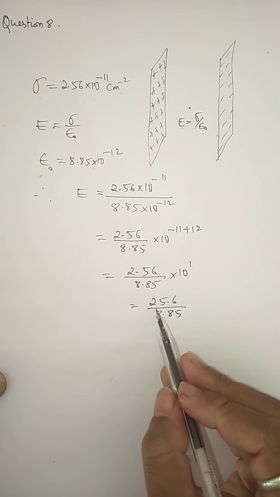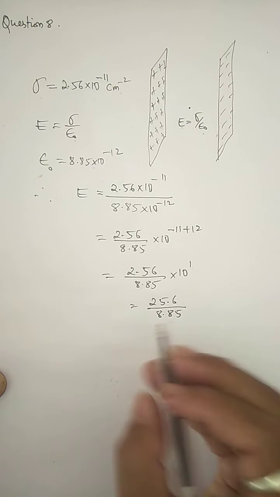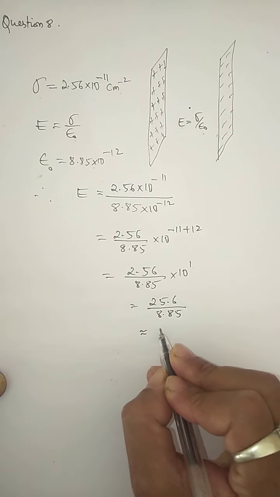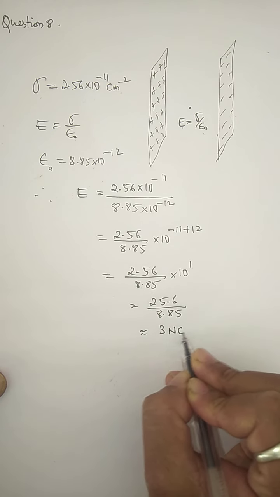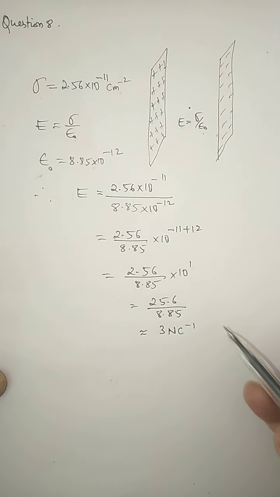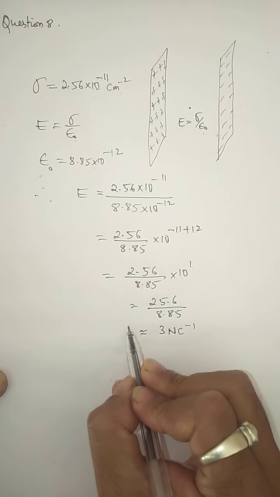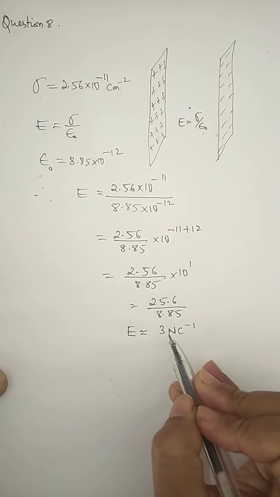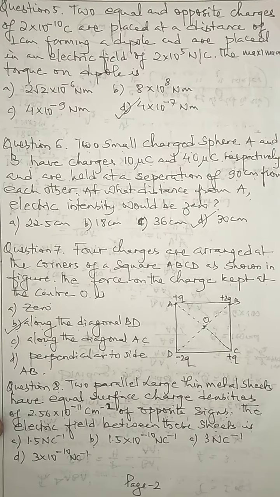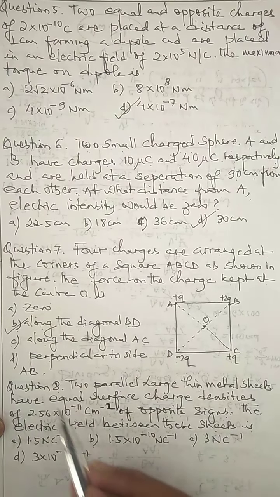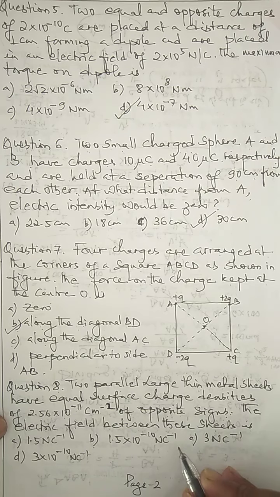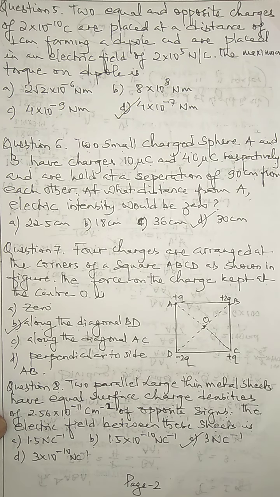If you divide 25.6 by 8.85, the value comes approximately 3 Newton per coulomb. So using a calculator, the value of E, that is the electric field, will be approximately 3 Newton per coulomb. So the correct option of question number 8 is C, 3 Newton per coulomb.